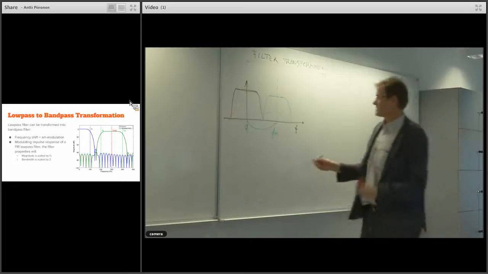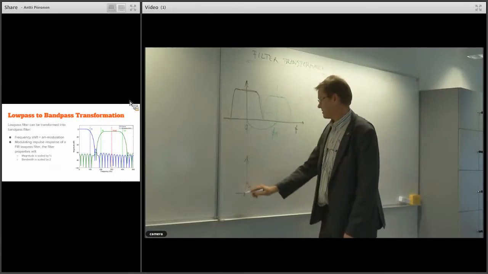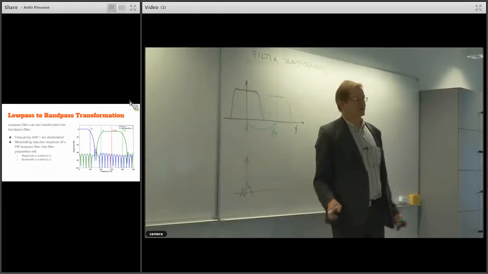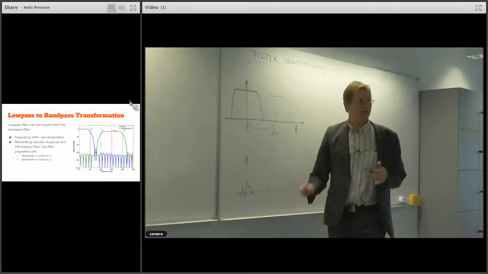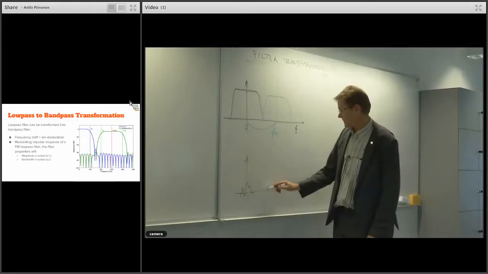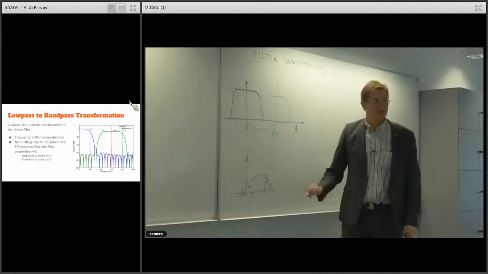If you have any spectrum whatsoever, and you want to transfer it to a different frequency, you multiply that signal with a cosine. So it fundamentally moves that peak there.